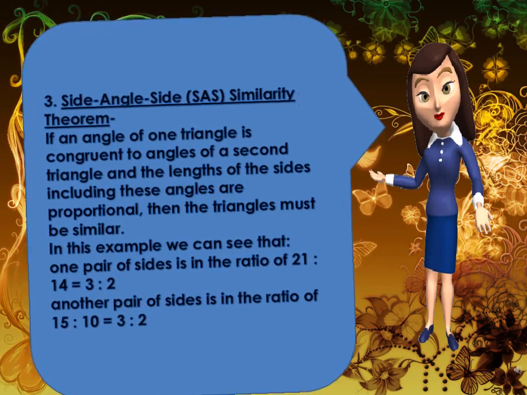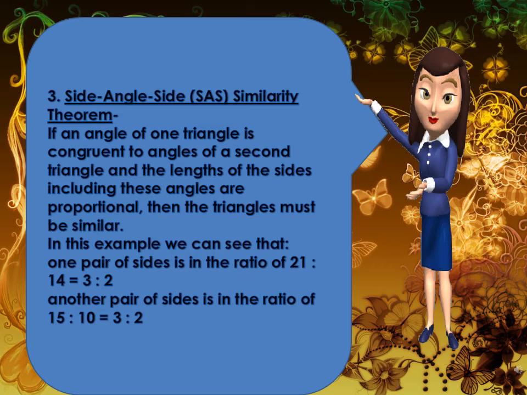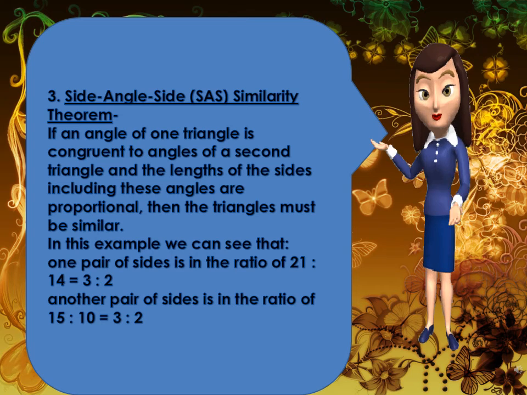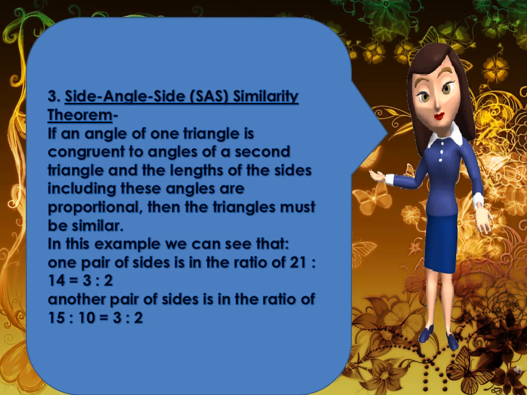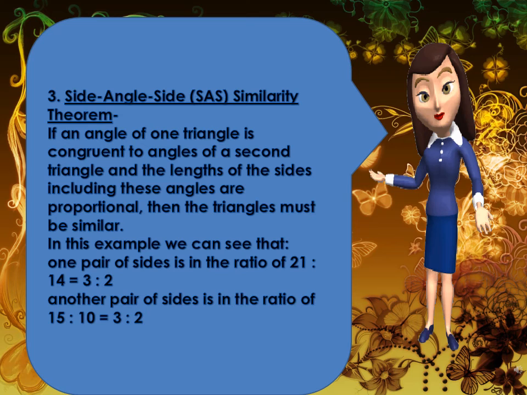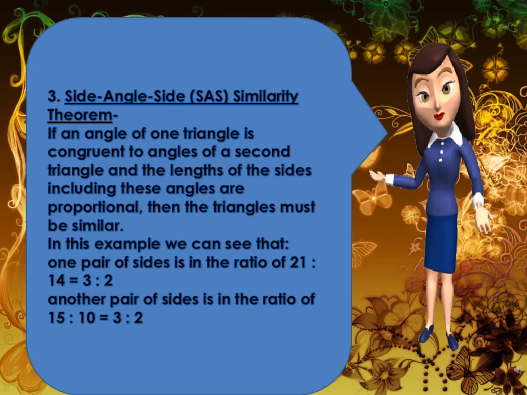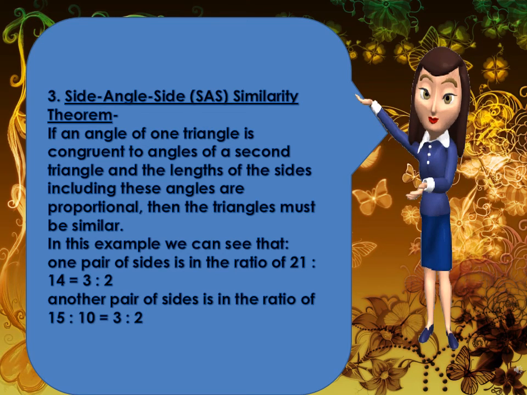And lastly, side-angle-side, SAS, similarity theorem. If an angle of one triangle is congruent to an angle of a second triangle and the lengths of the sides including these angles are proportional, then the triangles must be similar. In this example, one pair of sides is in the ratio of 21, 14 equals 3, 2.